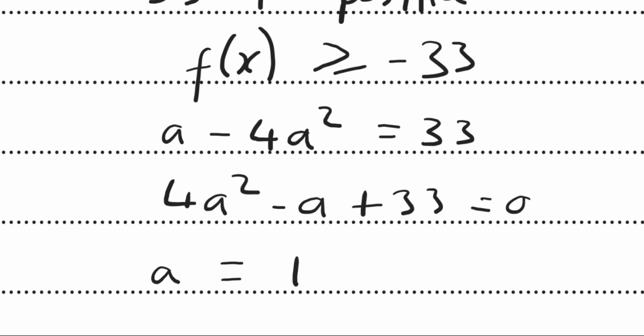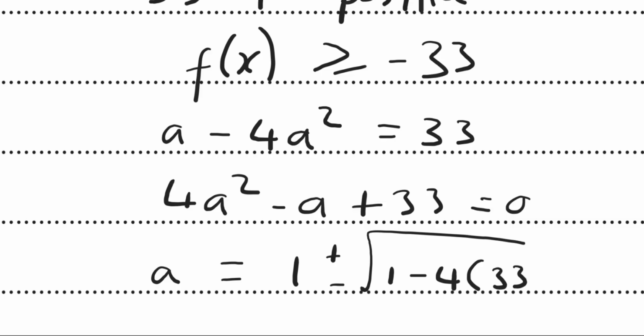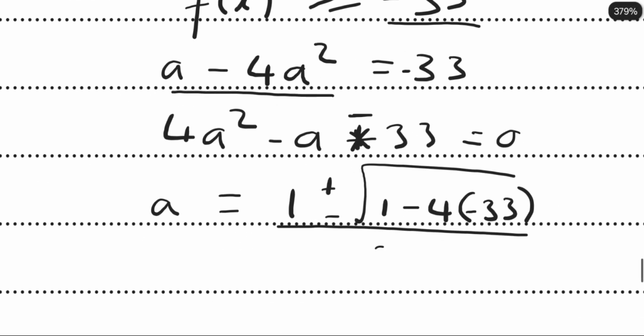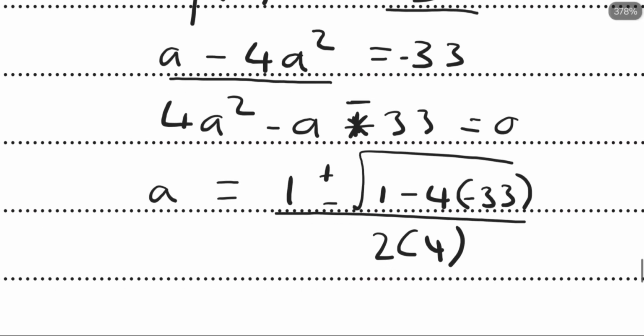A equals 1 plus or minus the square root of 1 minus 4ac, and our c is minus 33. Oops, it's supposed to be minus 33 here. Remember, we're saying a minus 4a squared equals minus 33. So this is a minus right here, over 2 times 4.